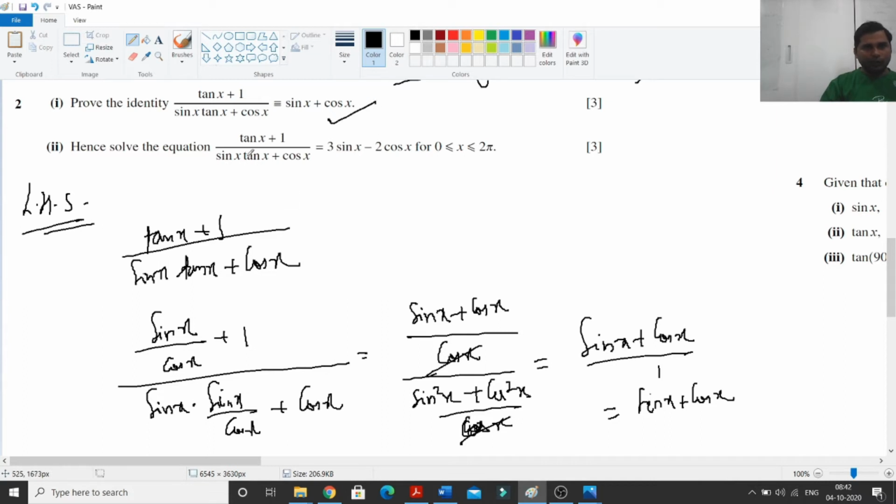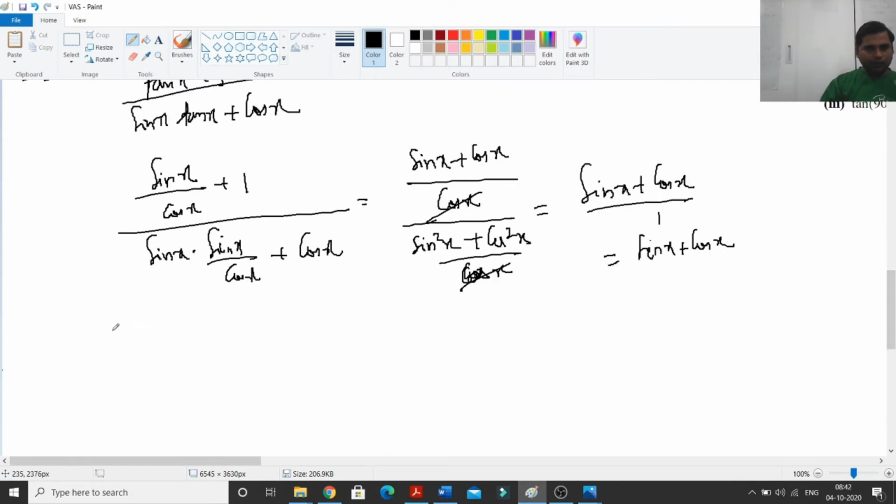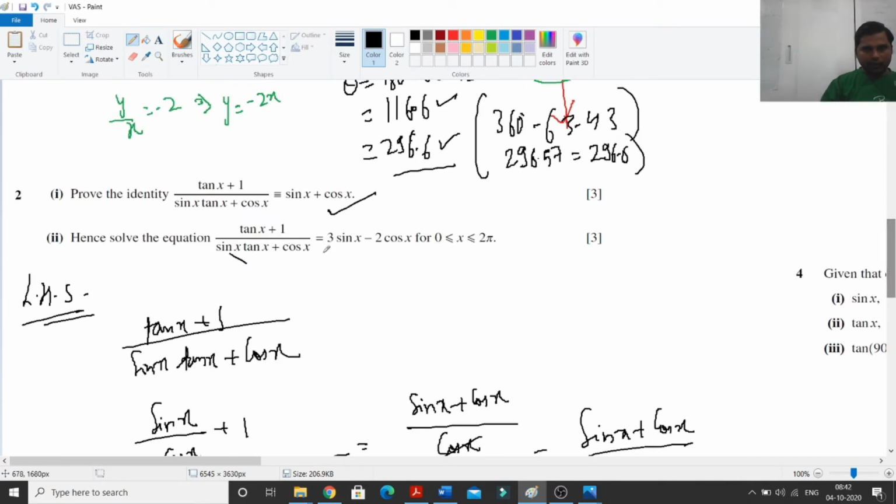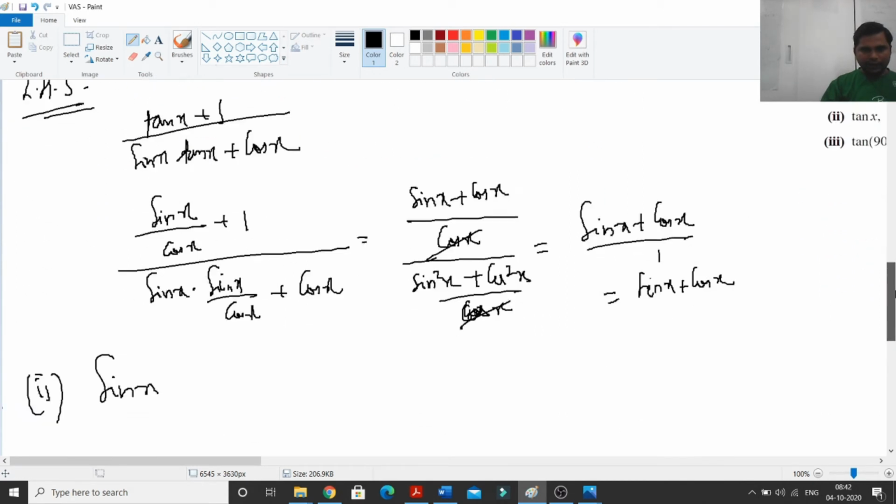So it's proved. Now this is equal to 3 sin x minus 2 cos x between 0 to 2 pi. So as we know, this is equal to sin x plus cos x, so it will become sin x plus cos x equal to 3 sin x minus 2 cos x.